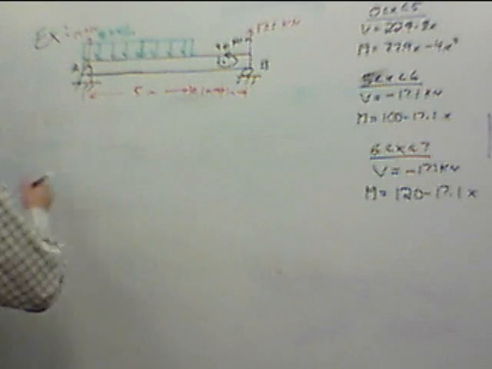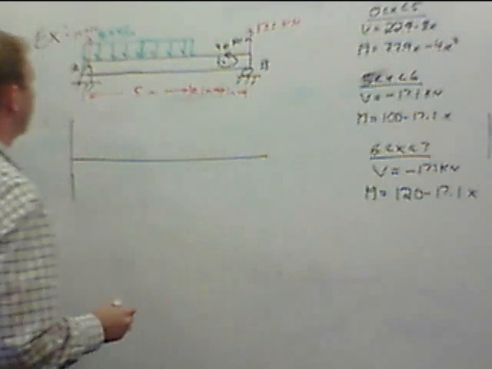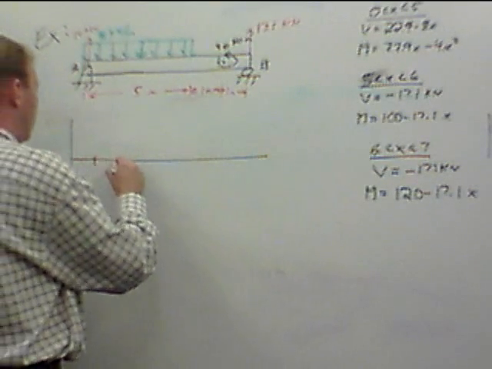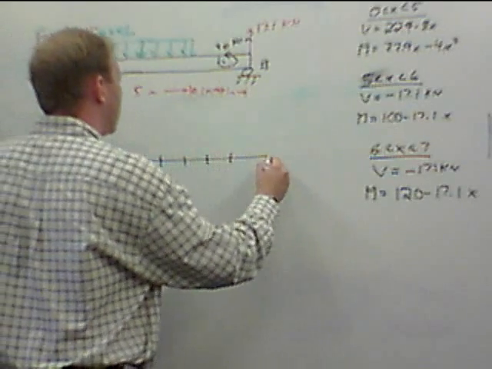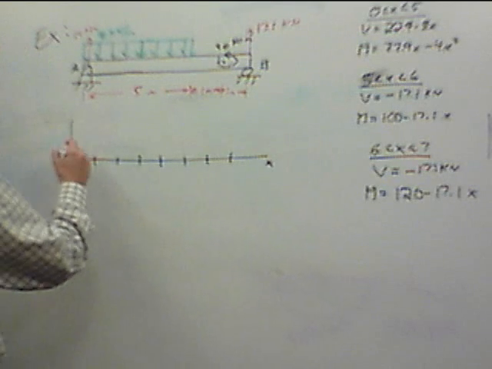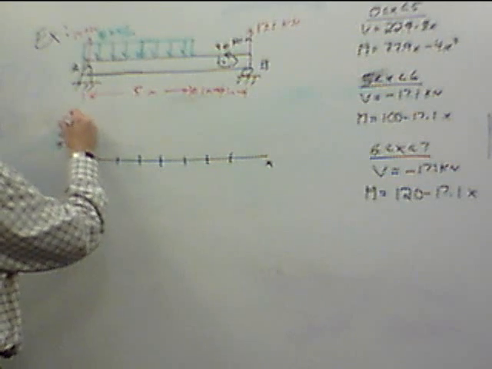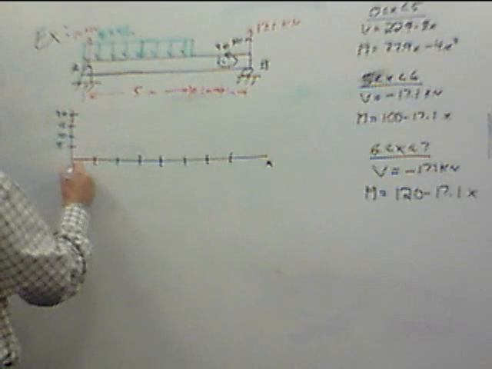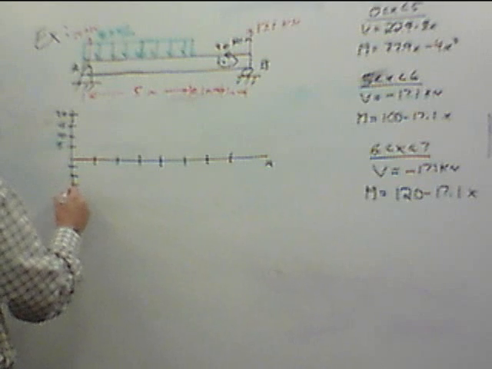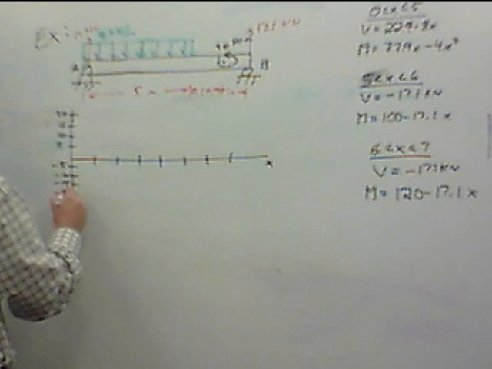So if I were to draw my shear diagram, and this goes 1, 2, 3, 4, 5, 6, 7, and this is in the x direction. Okay. And we start at 22.9, and we're going to end at negative 17. So I'm going to go 5, 10, 15, 20, negative 5, negative 10, negative 15, negative 20.